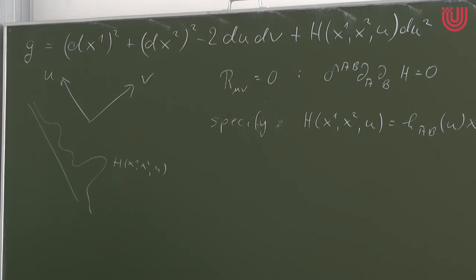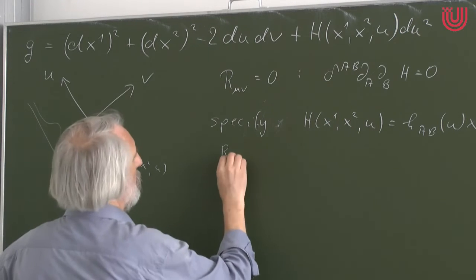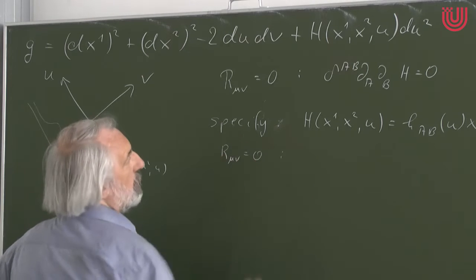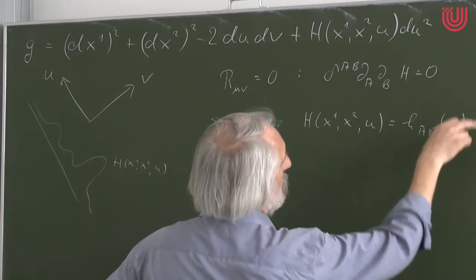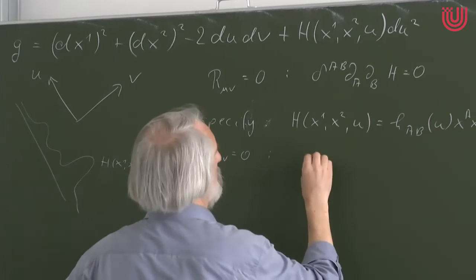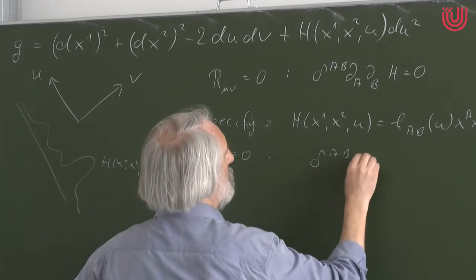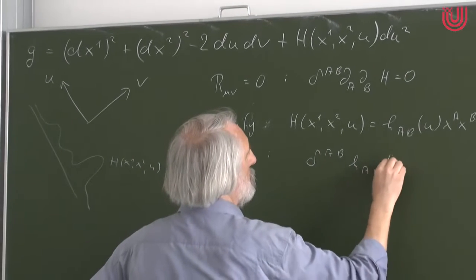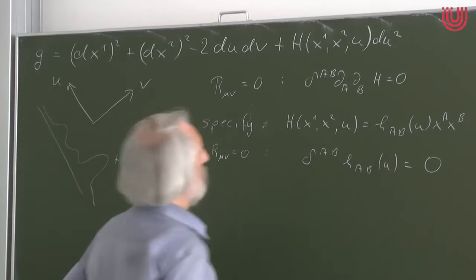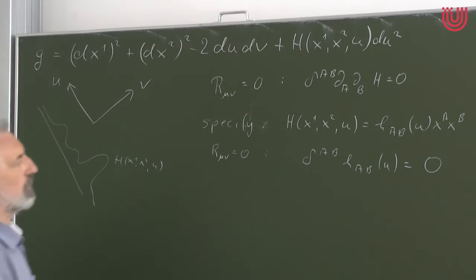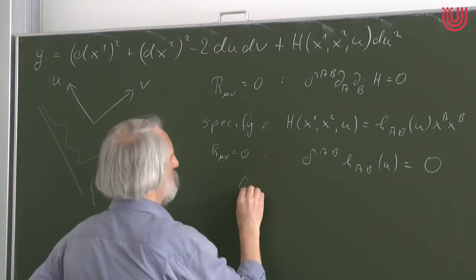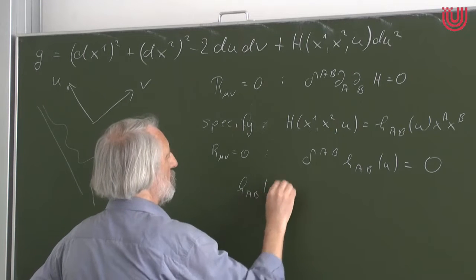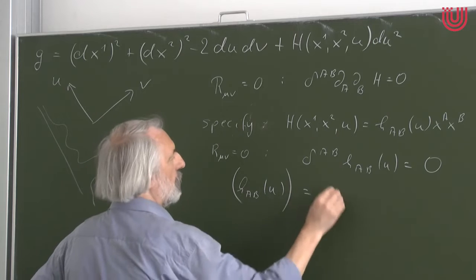And of course, then the condition R_mu nu equals 0 is just the condition that the trace of this coefficient matrix must be 0. So if I write this as a 2 by 2 matrix H_AB, I think this was the last equation we had on the board last time.